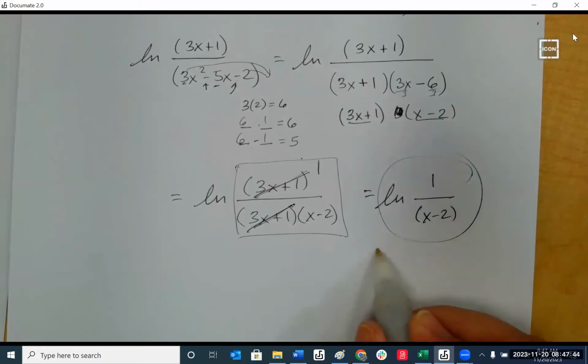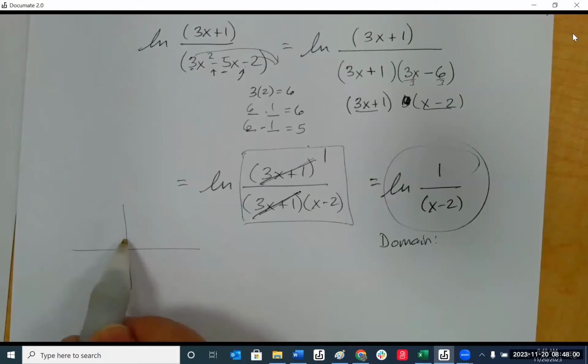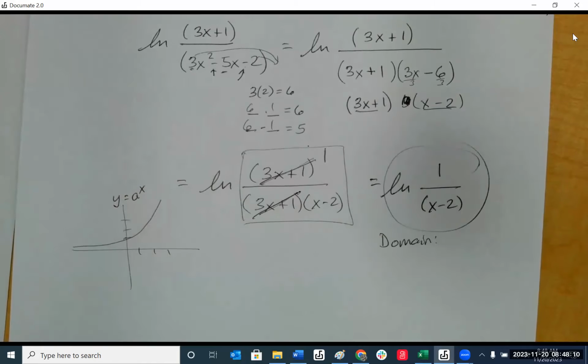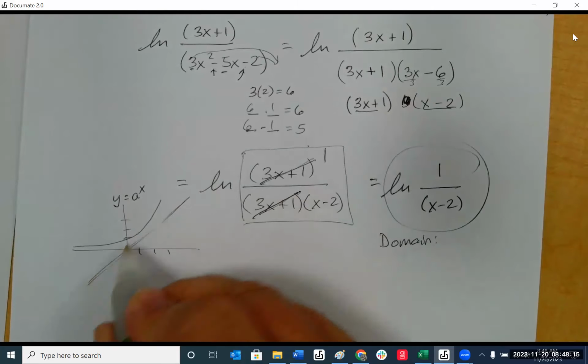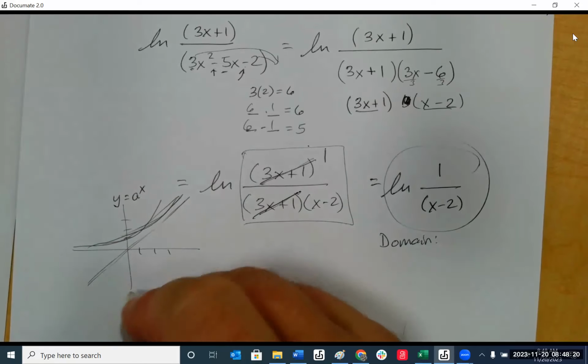Because of our graph, what's our domain here? What does the graph of a logarithmic function look like? This is an exponential equation. If we flip it across the line y equals x, then we'll get this graph.